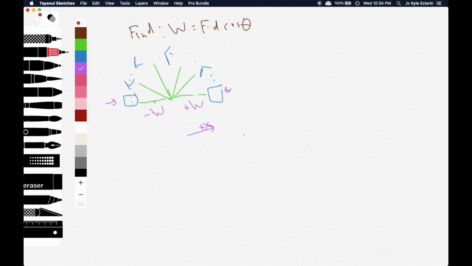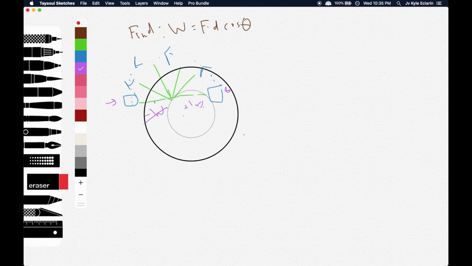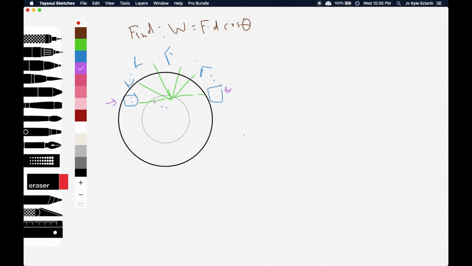This W would be equal to that W. The only difference between this W and that W is the theta. So over here, theta would be 0 degrees, and over here, theta would be 180. So these two would cancel out. Okay, so that's for the work that's on either side.